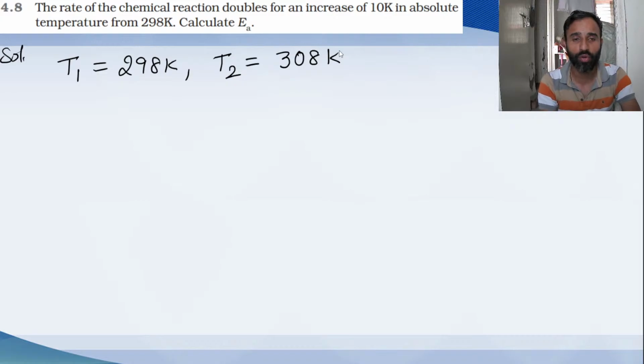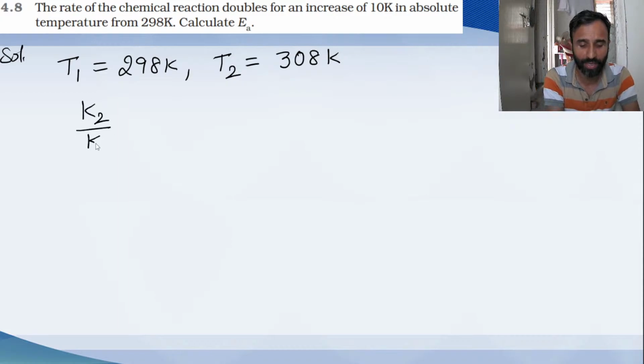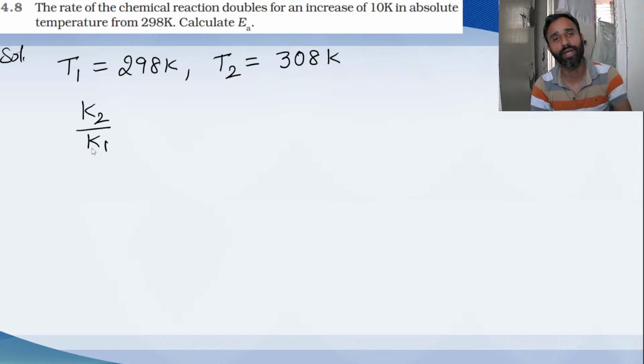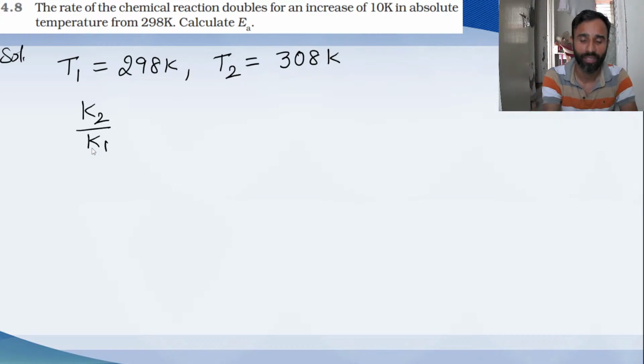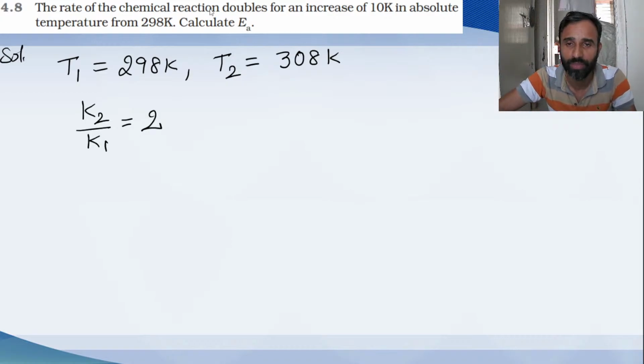Now the rate of reaction, that means rate constant, doubles. That means k2 by k1, where k2 is the rate constant at temperature T2 and k1 is the rate constant at temperature T1. This is called the temperature coefficient and its value is 2.